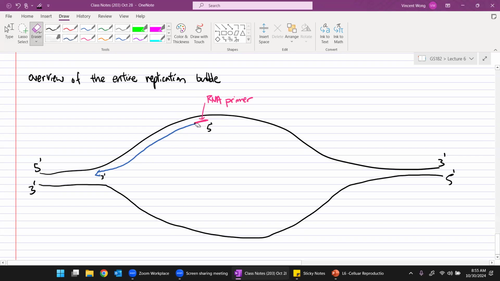So this DNA strand is basically going to be produced continuously. And as you unzip more, it's just going to keep going and going, right? So this is called the leading strand.